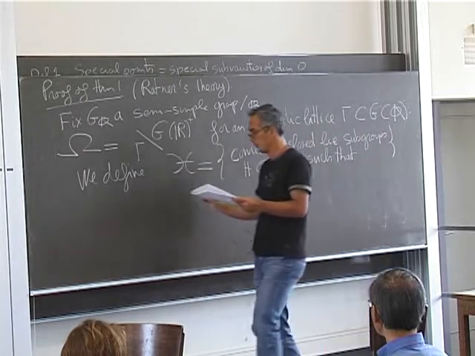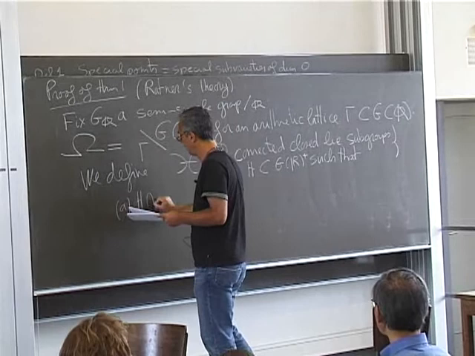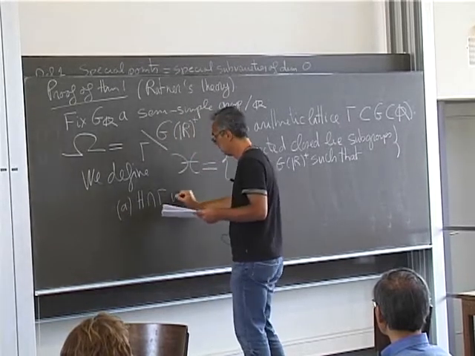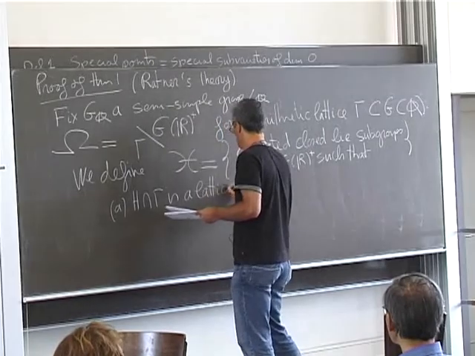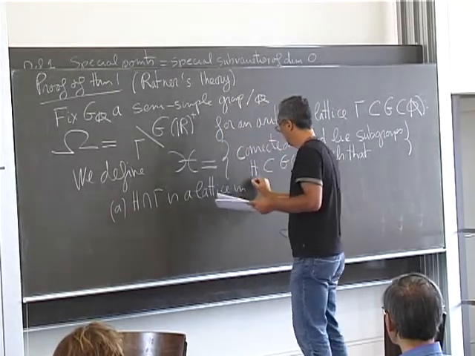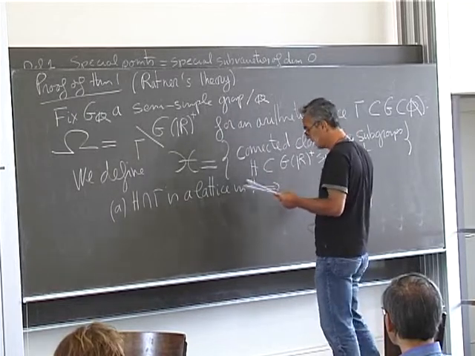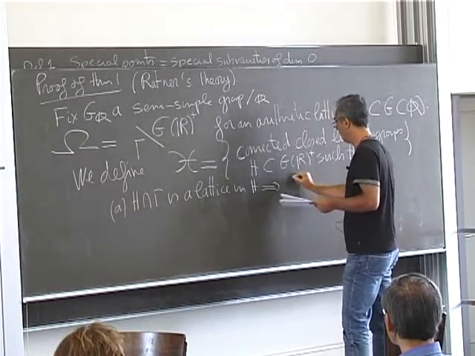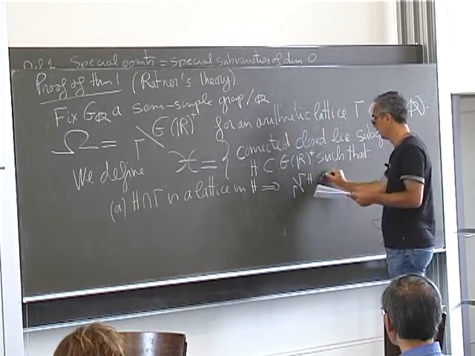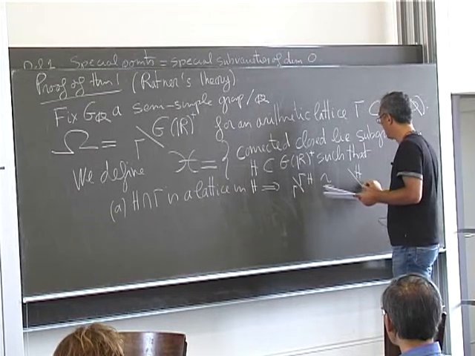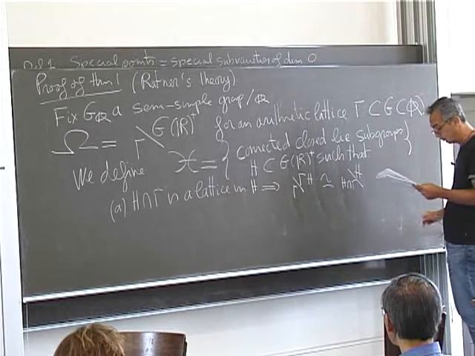Okay, such that the first thing is that the intersection of H with gamma is a lattice in H. And this implies that if you take the H orbit of a neutral element here, you find a very nice homogeneous variety like this.